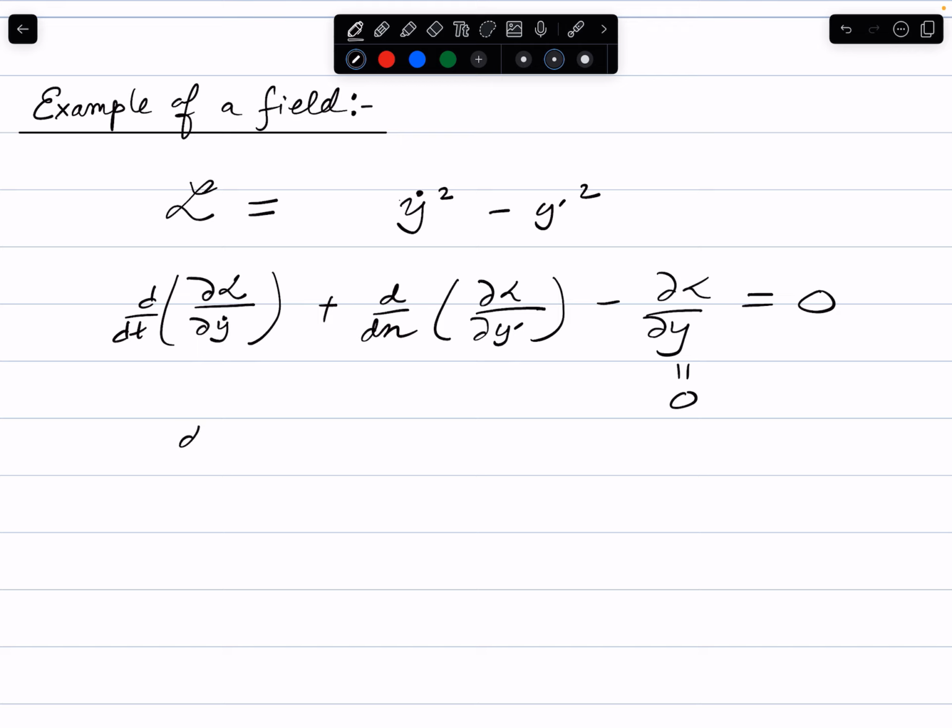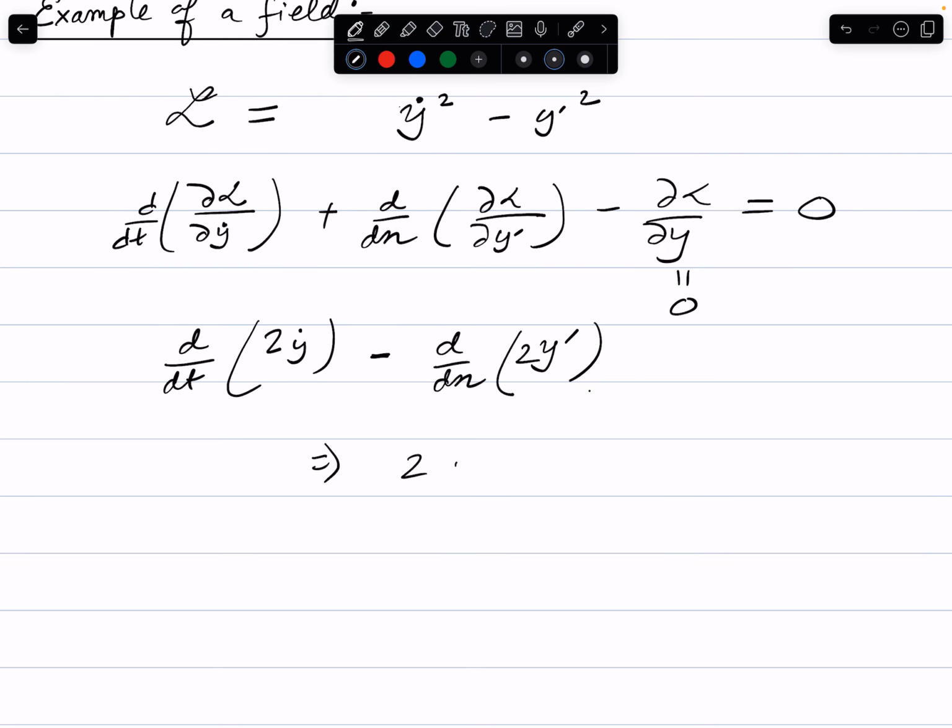So I have ddt of del L del y dot is 2y dot plus, there's a minus sign, ddx of this is 2y prime, and so I get 2y double dot minus 2y double prime is equal to 0, which is nothing but del 2y del t2 equals d2y dx2, which is the equation we had when we restore t and rho.